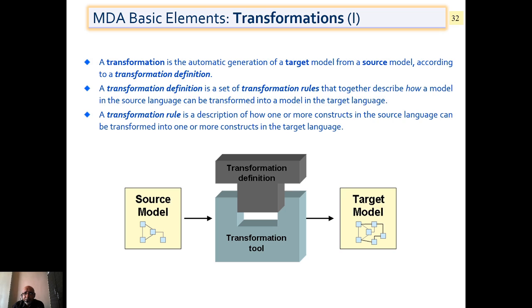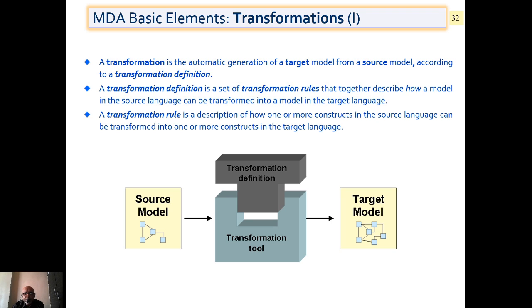A transformation definition is a set of transformation rules. Now, what are these transformation rules? They describe how a meta model in the source language can be transformed into a model in the target language. The ultimate aim is to reach from the source model to the target model.